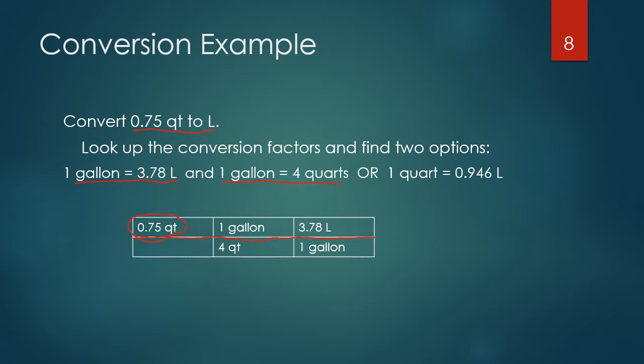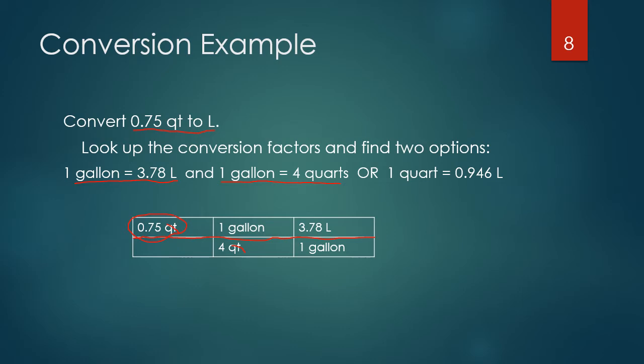Now I'm going to represent this as a fraction, putting the 4 quart portion on the bottom in the denominator so that my quarts are on opposite sides of that horizontal line. That horizontal line represented there is actually a division. So if I have units on opposite sides of that horizontal line, they can cancel each other out.